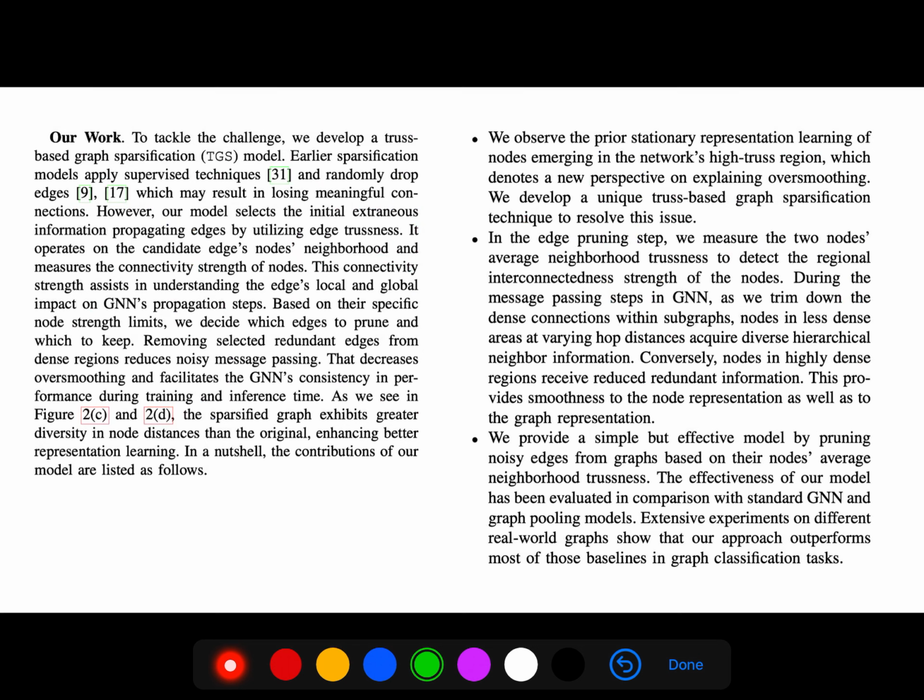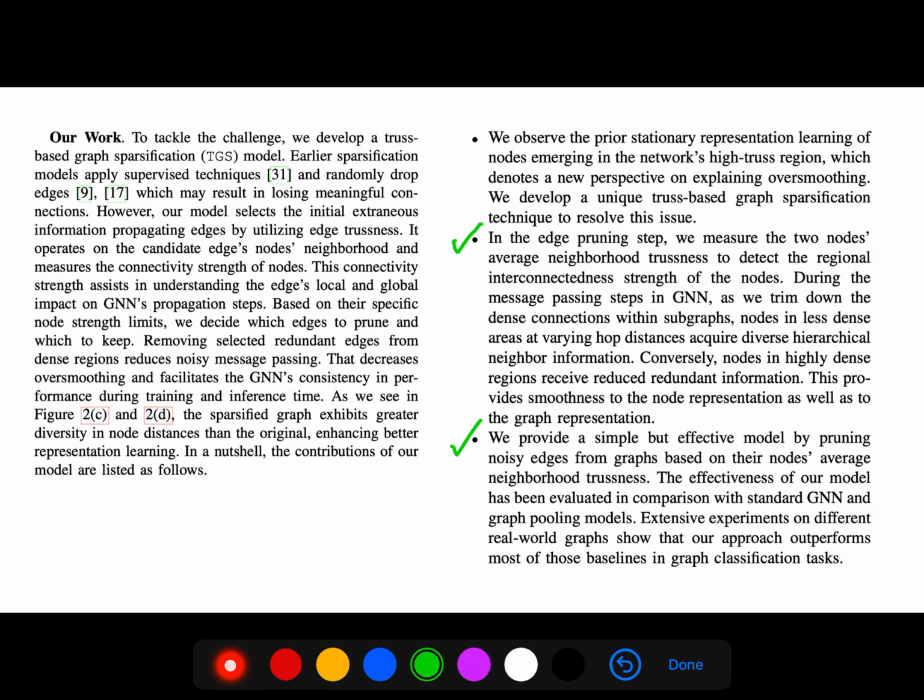We observed the prior stationary representation learning of nodes emerging in the network's high-trust region, which denotes a new perspective when explaining oversmoothing. In the edge pruning step, we measured the two nodes' average neighborhood trustness to detect the regional interconnectedness strength of the nodes.